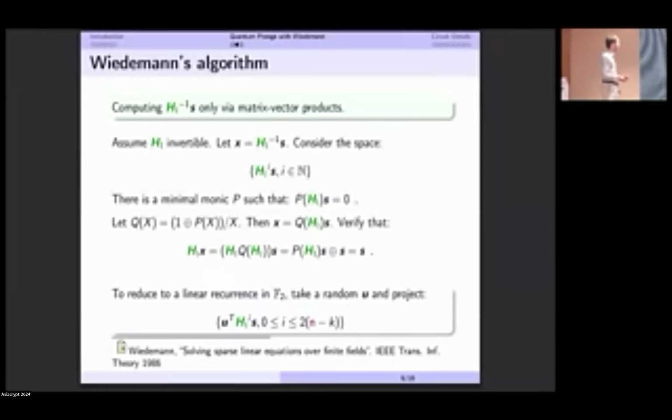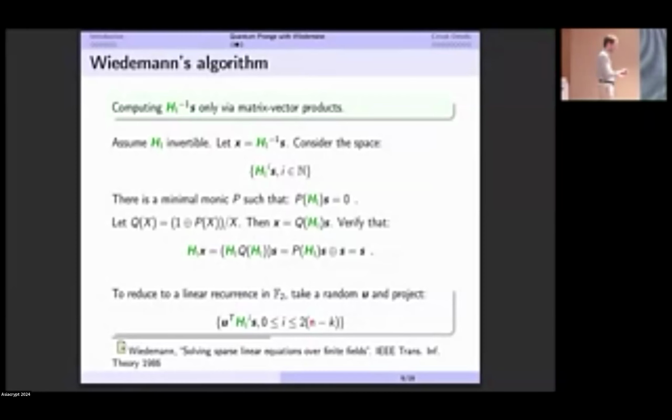And so you can verify that if you take the shifted polynomial, this polynomial is monic, so we remove the 1 and then you shift the coefficients. And you apply this to Hi and multiply by S. This is the inverse. This is the element you're looking for. So the strategy is to find the minimal polynomial and then evaluate it.